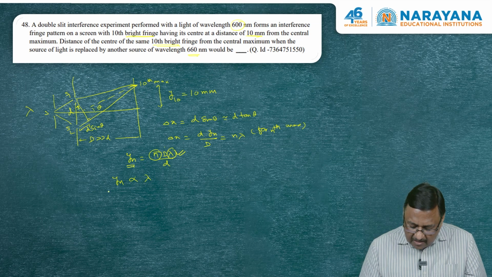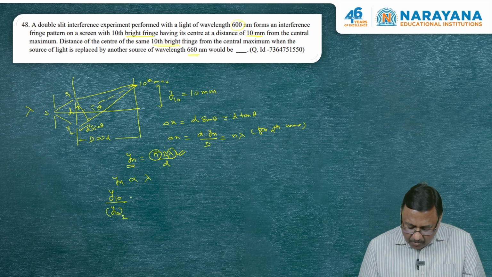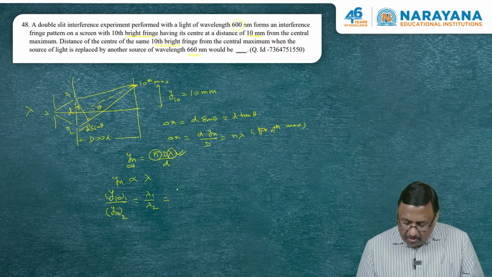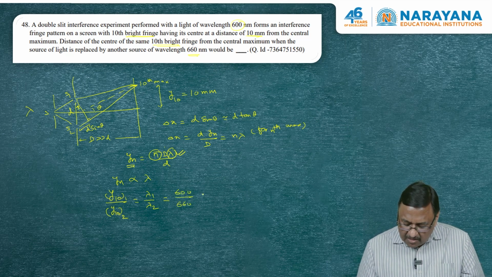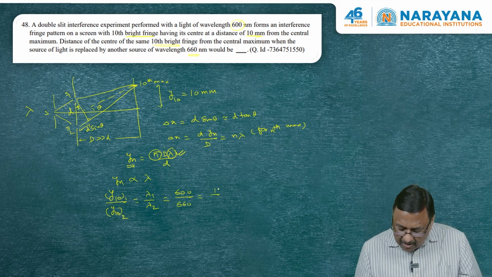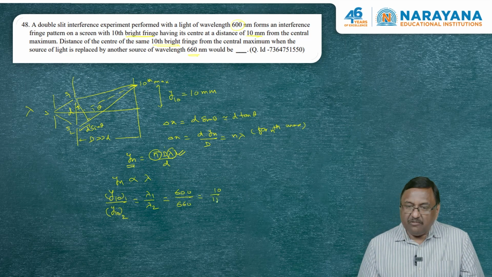So y10 in the first case upon y10 in the second case is going to be lambda 1 divided by lambda 2. Lambda 1 is given as 600 nanometer, lambda 2 is given as 660 nanometer, so it is going to be 10 upon 11.